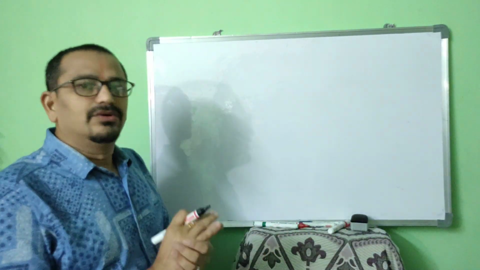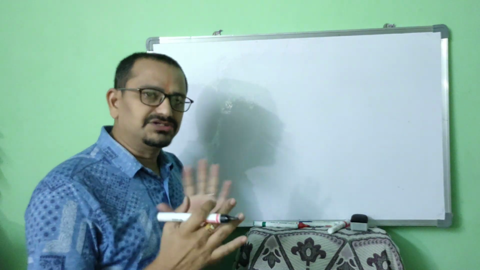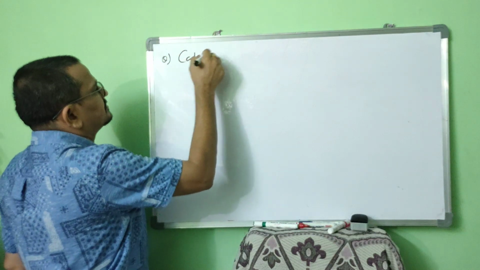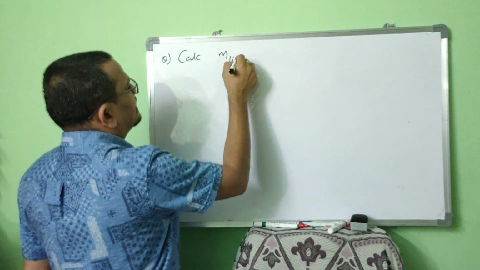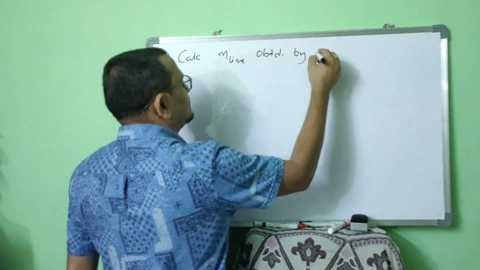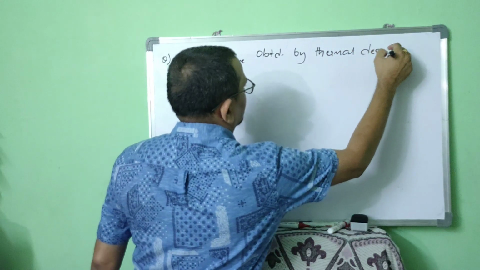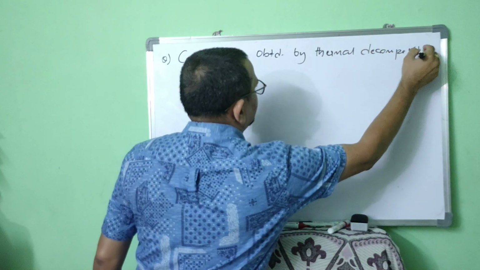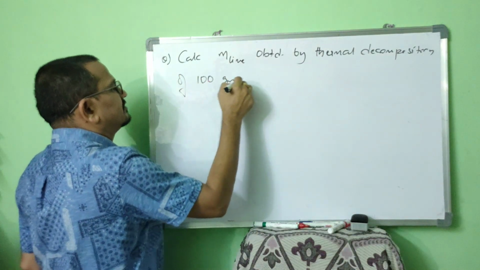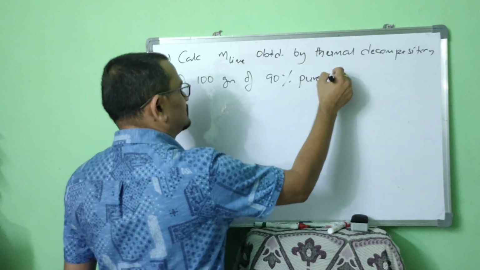Right? Now let us do a different model question. Now this is a bit logical actually. See, calculate the mass of lime obtained by thermal decomposition of 100 grams of 90% pure limestone.